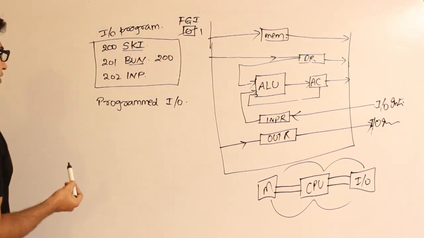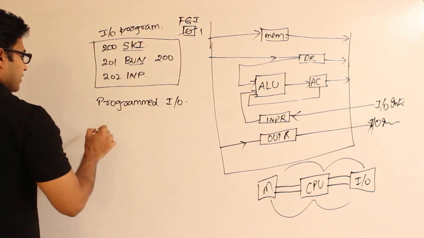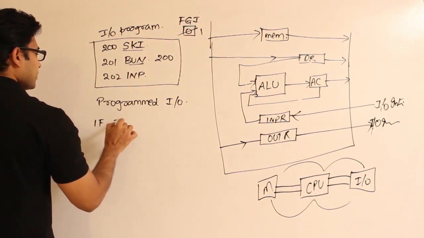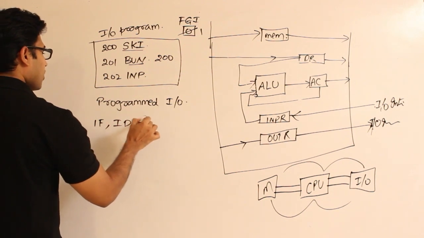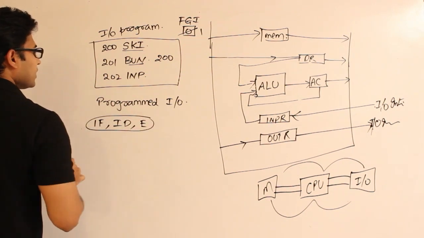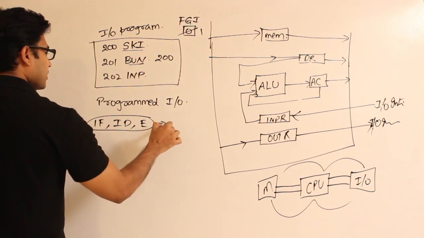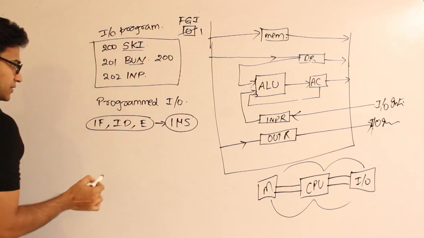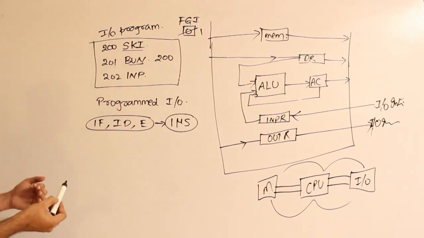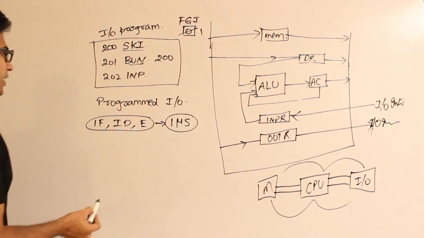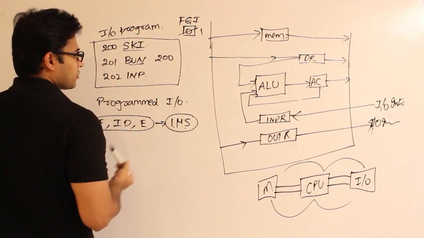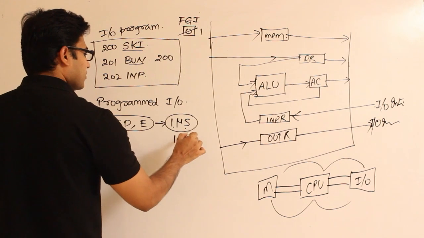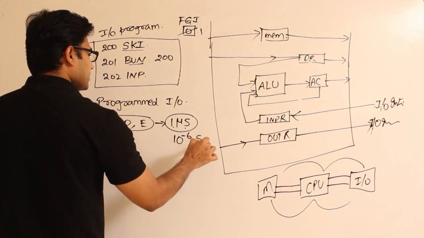Assume that in order to execute one instruction, the entire instruction cycle, instruction fetch and then instruction decode, execute, all this put together, is going to take 1 microsecond. Just an assumption. On average in our computer, assume that the time taken to execute one instruction is 1 microsecond, right? 1 microsecond means 10 power minus 6 seconds.